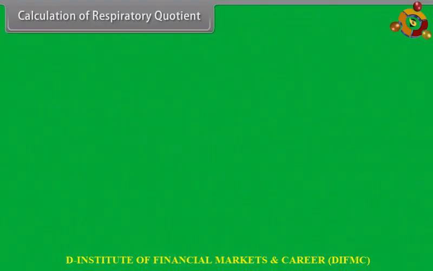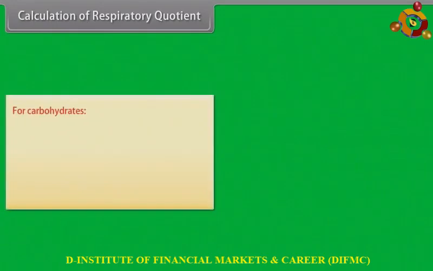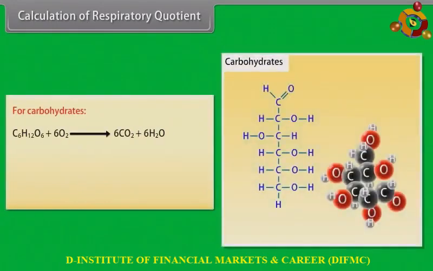Calculation of respiratory quotient. For carbohydrates, C6H12O6 plus 6 O2 gives 6 CO2 plus 6 H2O. Respiratory quotient can be calculated as 6 CO2 by 6 O2 is equal to 1.